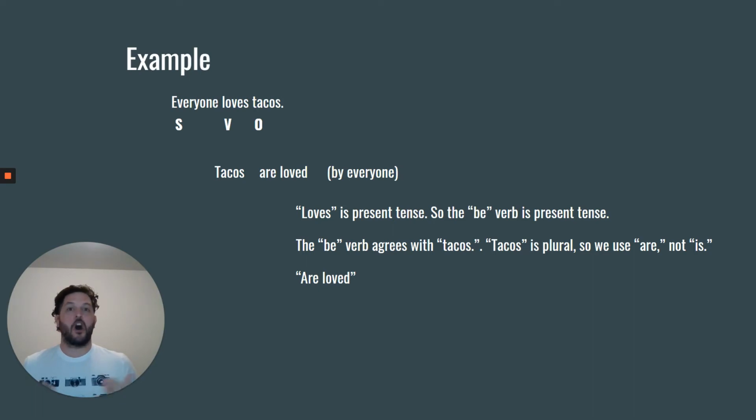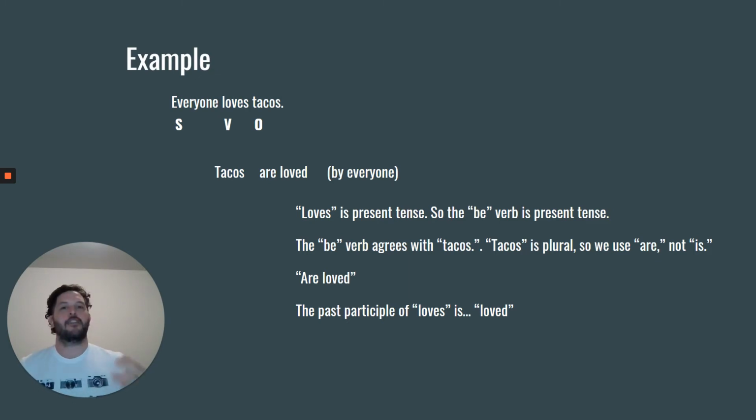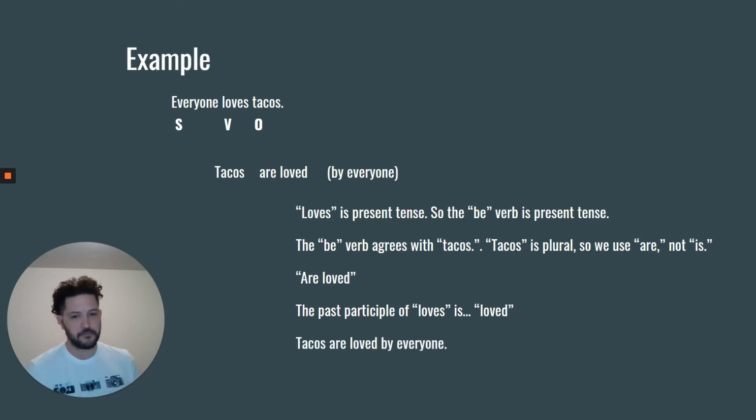That gives us are loved. And the past participle of loves is loved. It's a regular verb. So the present tense is love, the past tense is loved, and the past participle is also loved. And there we are. Tacos are loved by everyone.